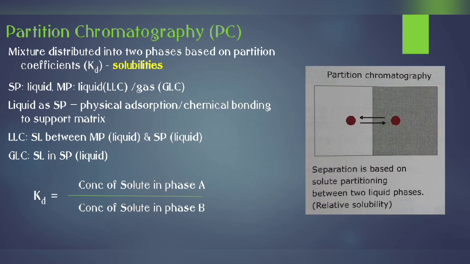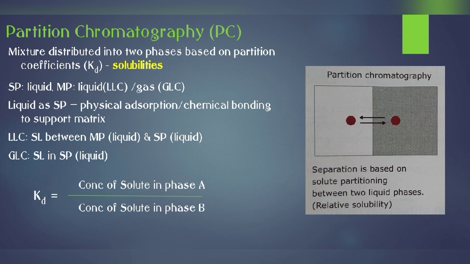Then partition chromatography. In partition chromatography, the mixture of solutes in our sample is distributed between two phases based on its solubility. Here the stationary phase is liquid and the mobile phase may be either liquid or gas.